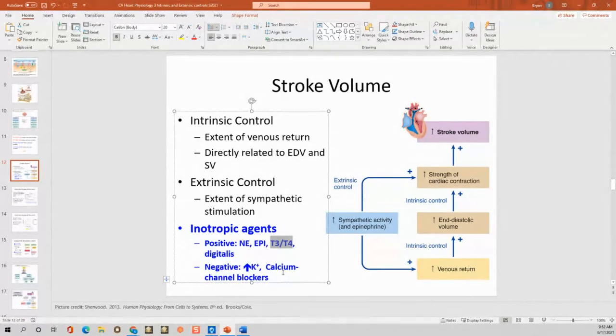Did you guys just learn about T3, T4? What is thyroid hormone going to cause an upregulation of? Yeah, it makes it so there's more beta-1 adrenergic receptors. And if there's more beta-1 adrenergic receptors, then there's more receptors for norepinephrine and epinephrine to bind to.